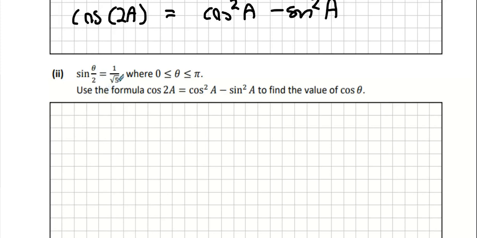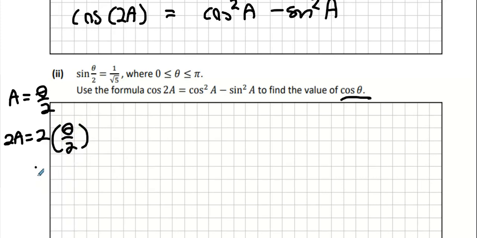Sine theta over 2 is 1 over root 5. Using the formula cos 2A equals cos squared A minus sine squared A, find the value of cos theta. Okay, no bother. I think we have an idea here. All right. So, if you imagine that A equals theta over 2, therefore 2A would be 2 times theta over 2, which in turn would be theta.